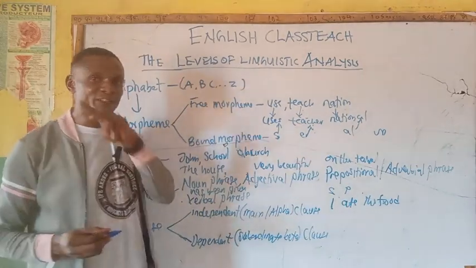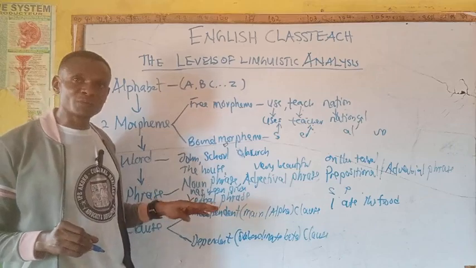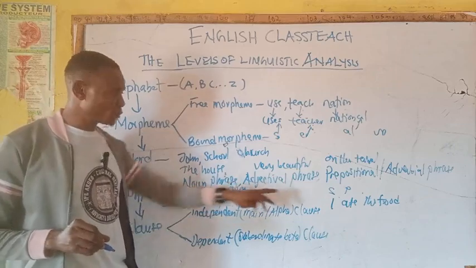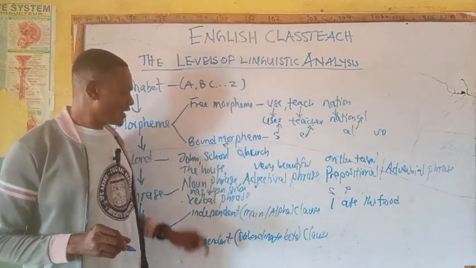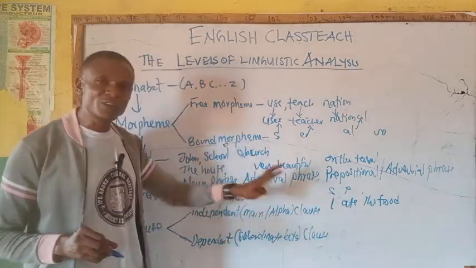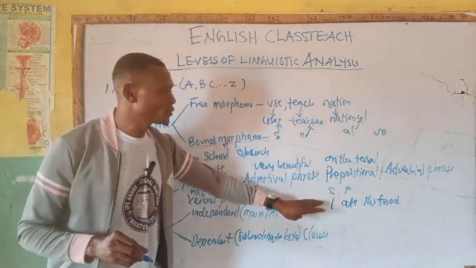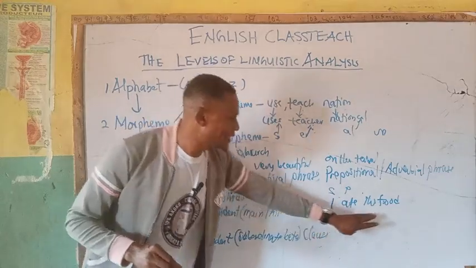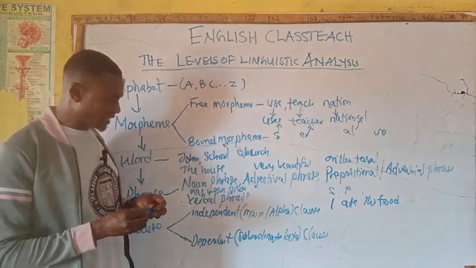So that's why the definition says a clause is a group of words that contain a subject and predicate. Are you going with me? This group of words conveys a meaning: the subject, or the performer of the action, actually hates the what? The food. So that is that.